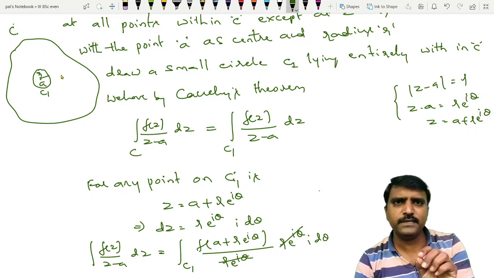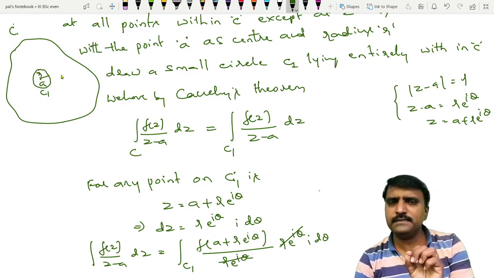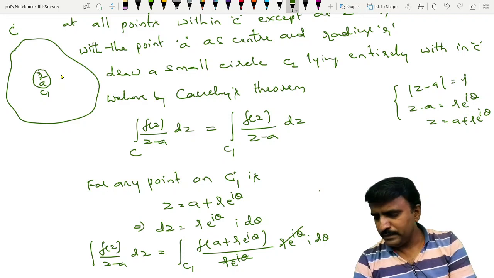Because at z is equal to a, the function f of z by z minus a is not analytic. So for that we need to take one small circle, which should have very small radius, that is r tends to 0. So you take the limit as r tends to 0 on the right hand side.